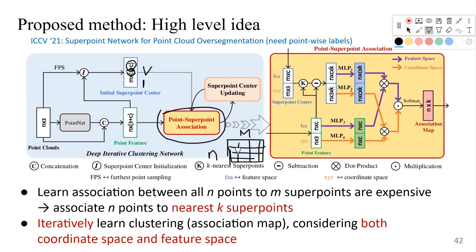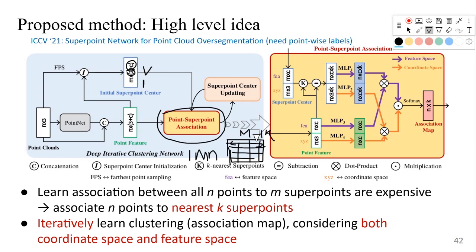Later, we will assign every point to a superpoint by looking at its row and seeing which superpoint has the highest attention value. This is the ideal one. However, capturing this whole relationship is expensive. We can think that this is 1 million and this is 1K, and capturing this large matrix will be computationally expensive.